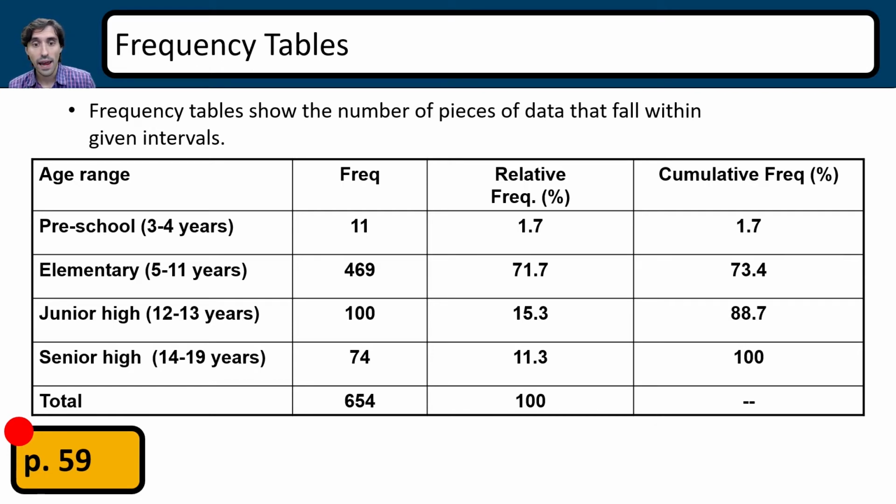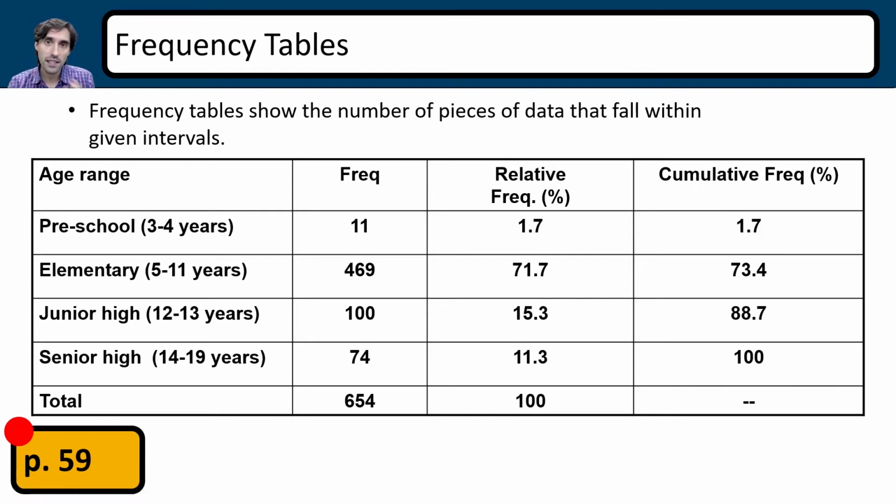Once you get to elementary school, you're looking at elementary and preschool, so you're adding 71.7% to that 1.7%. If you add the middle schoolers, it adds 15.3%, and if you add the seniors, it adds 11.3%. So that totals 100 for both the relative and cumulative frequency.